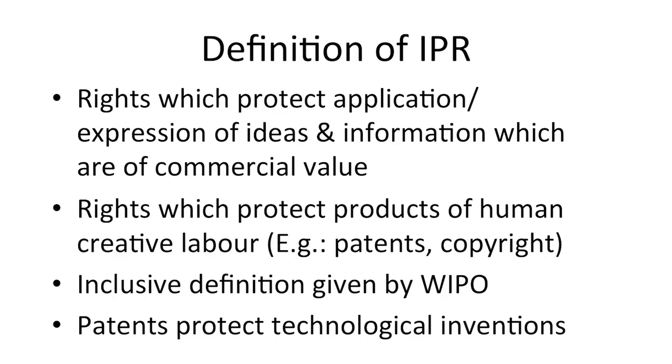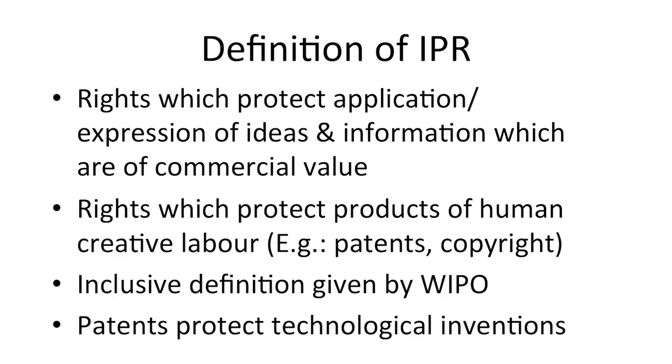The WIPO's definition is an inclusive list, and there could be new things that come into the list, but apart from referring to them as products of creative labor, it does not give us anything more for a uniform definition of intellectual property rights.